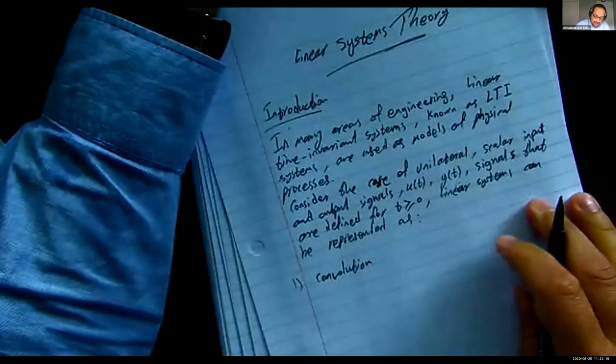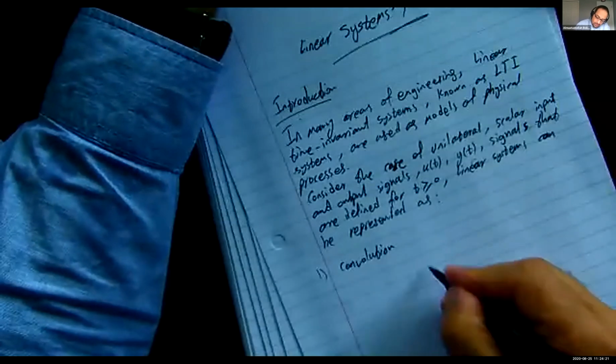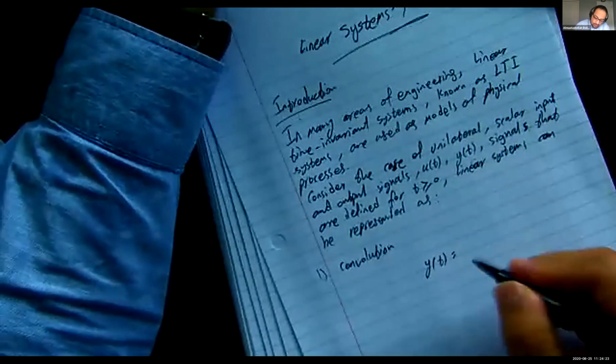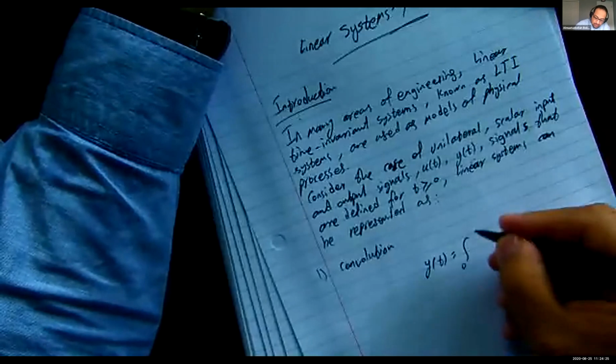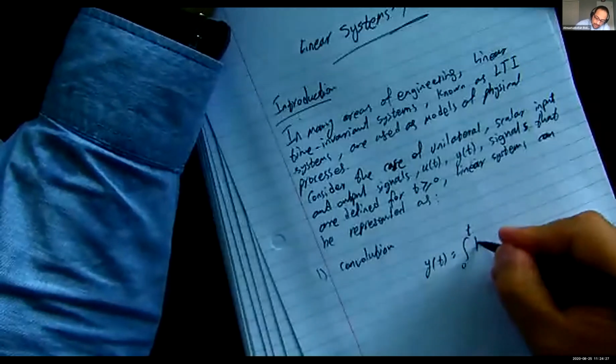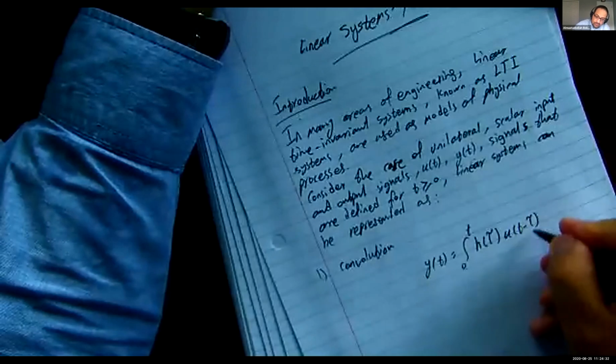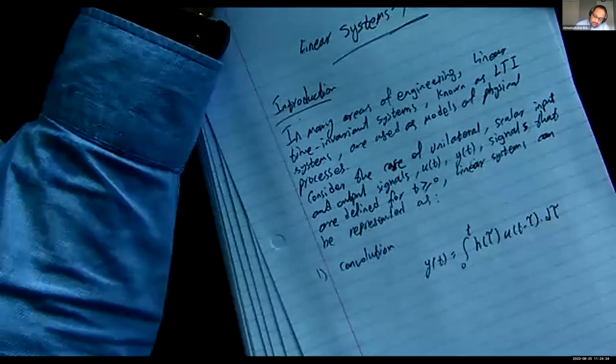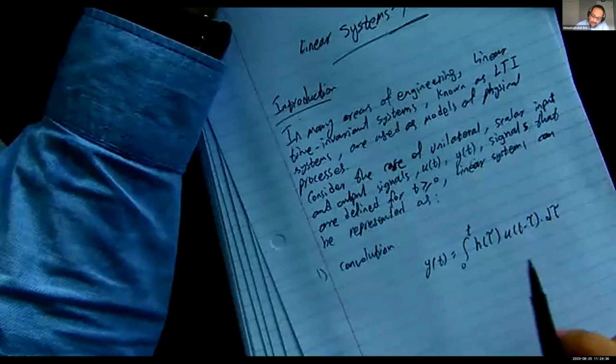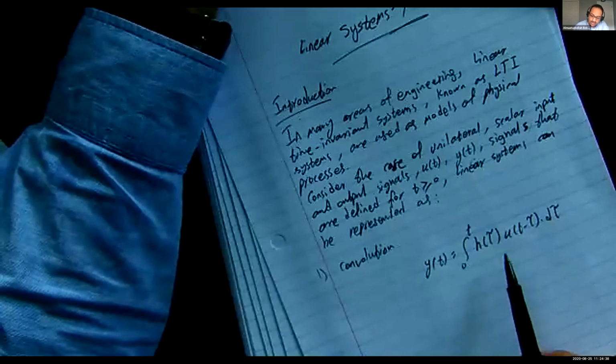So convolution. This is the definition: y of t equals the integral from 0 to t of h of tau u of t minus tau d tau, where h is the impulse response of the system.